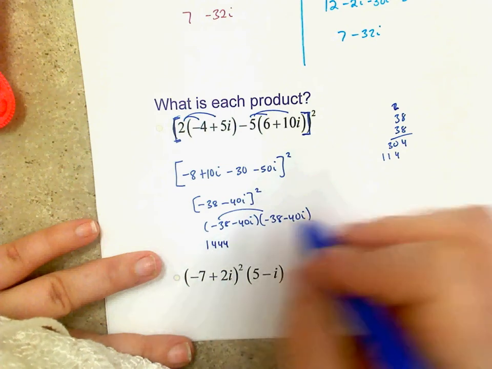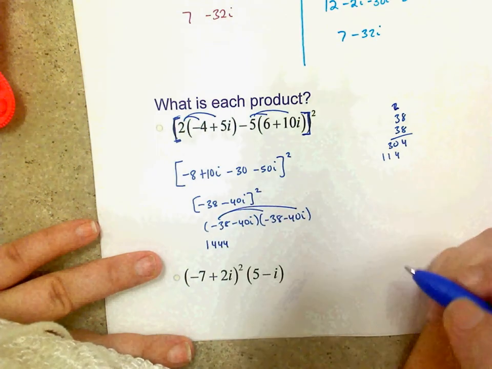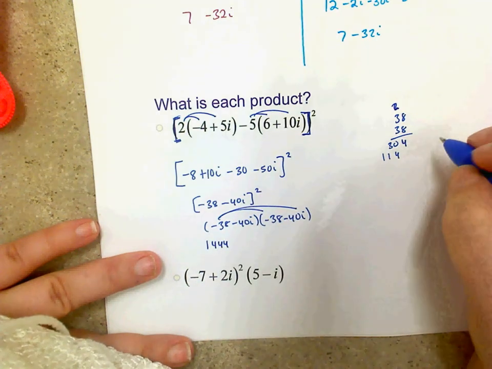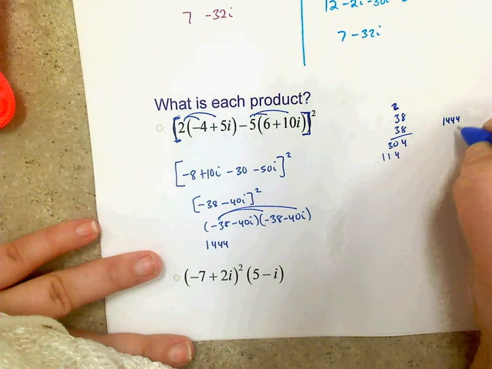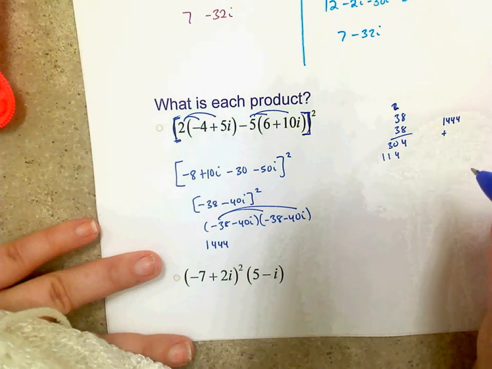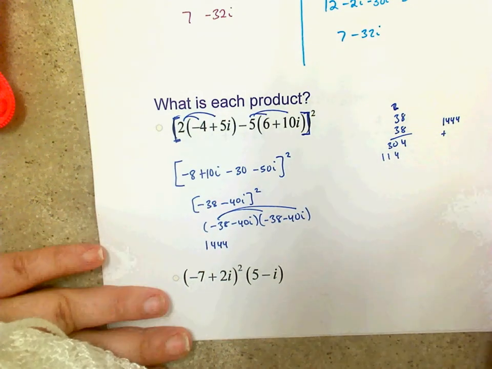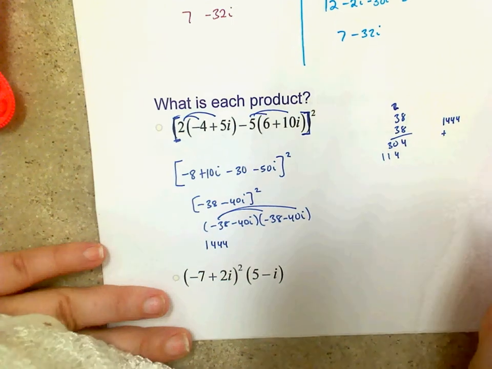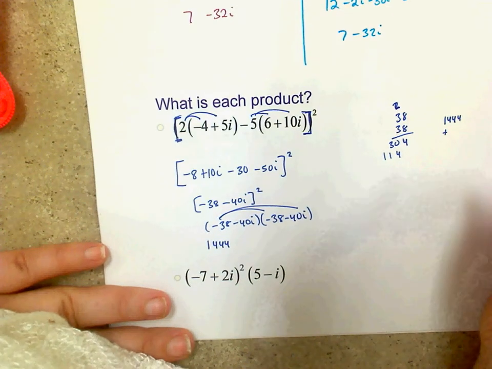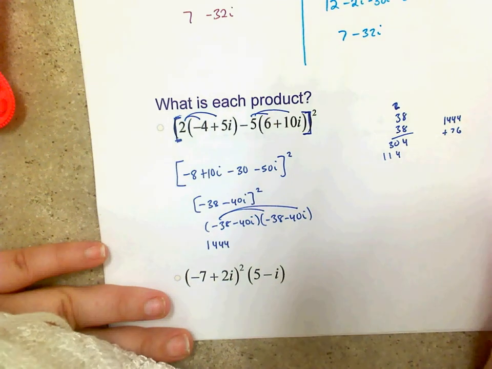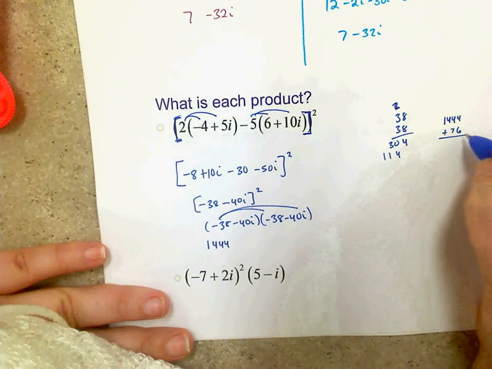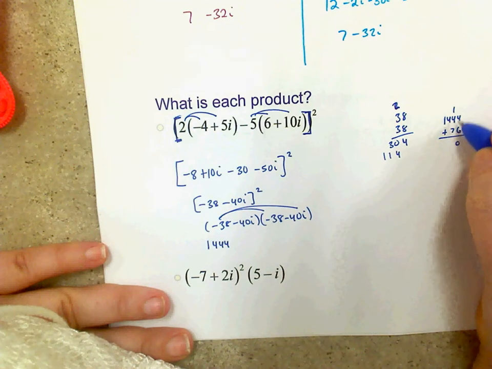Negative 38 times 40 is 1444 plus 2 more 38s, because it's 38 times 40 versus 38 times 38. And 38 plus 38 is 76. Yeah? 38 plus 38, yeah. Okay, so that's 1,520.